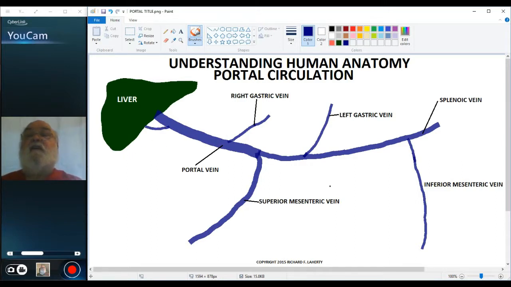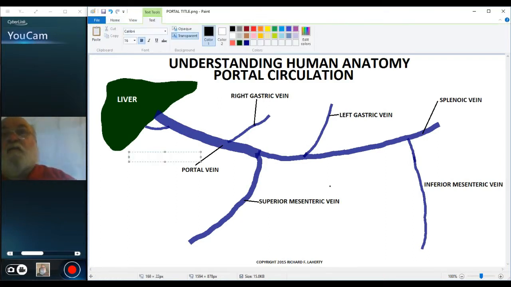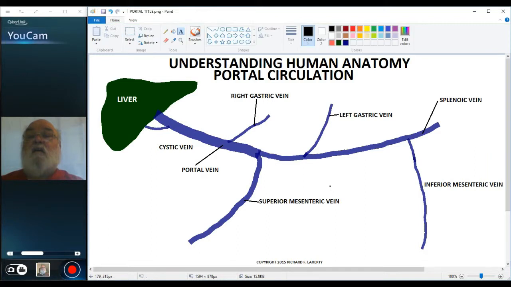The cystic vein is the vein that drains the gallbladder. Right here.